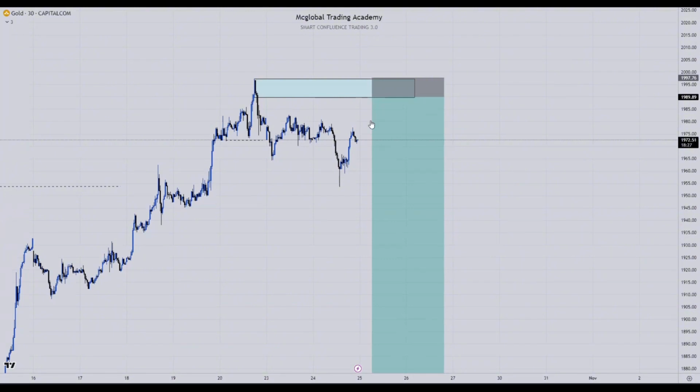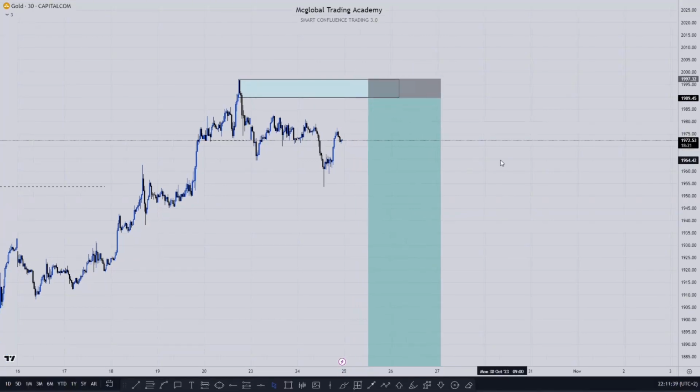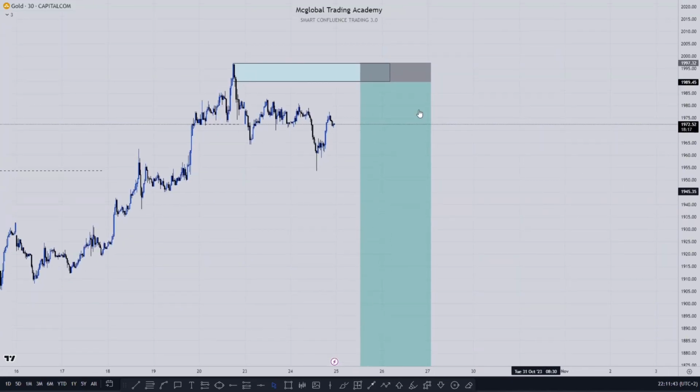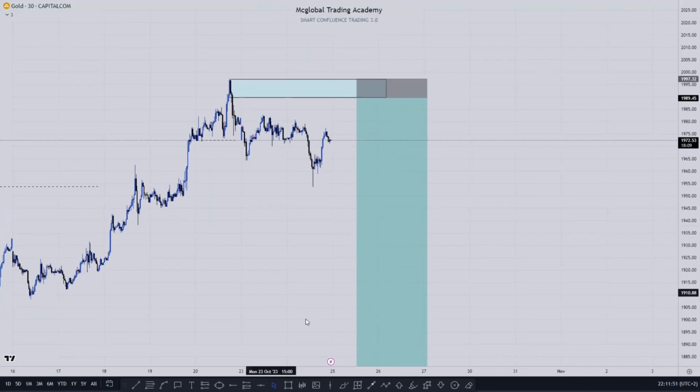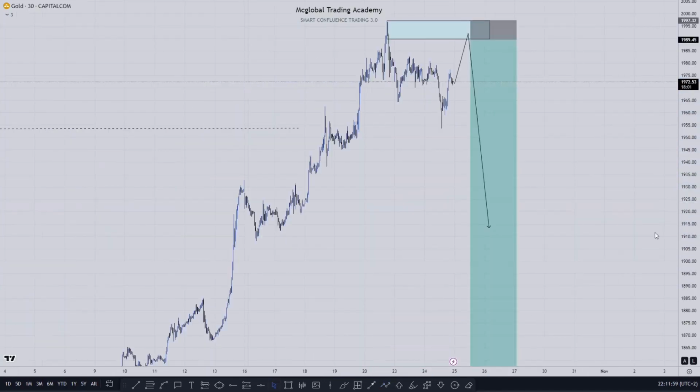Yes, definitely. So the best selling zone for gold is this one. That's why we are going to sell there. Here, this is liquidity. Equal highs, that's simply liquidity there. So gold, planning to sell right here. We sell and we drop all the way to the downside.